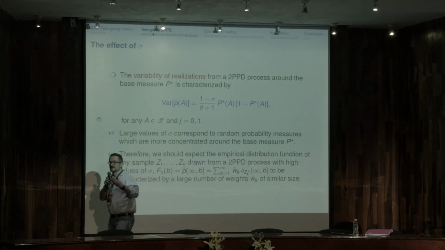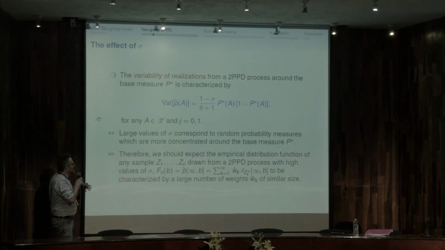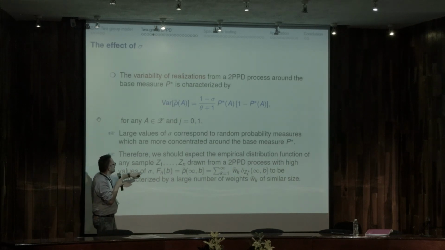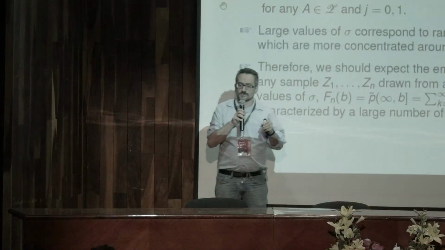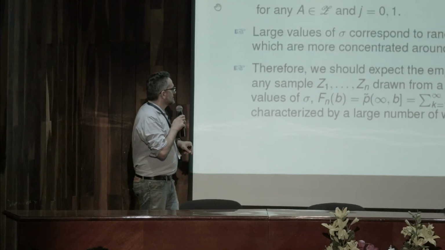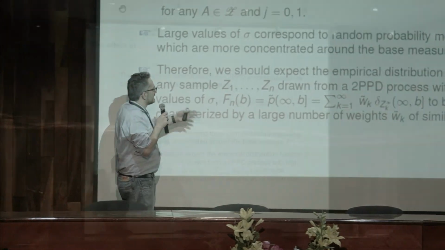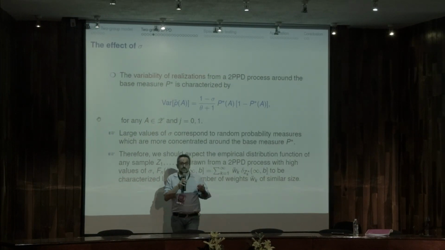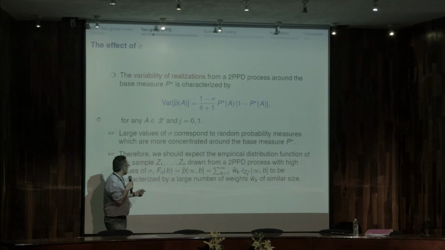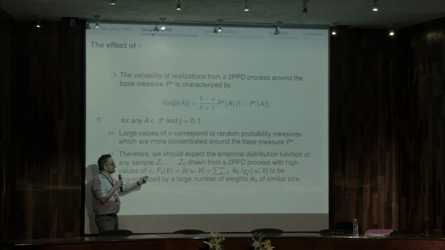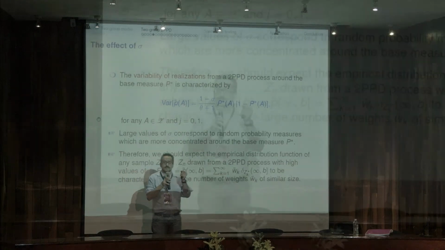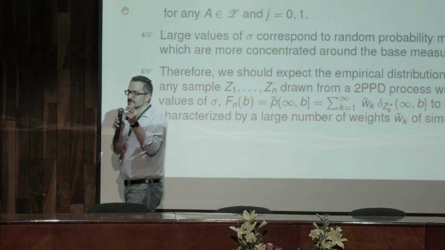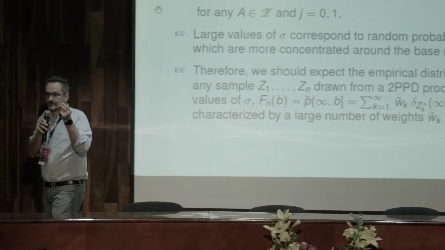This is basically saying, in other words, that any sample drawn from a two-parameter Poisson-Dirichlet process with high sigma is going to be characterized by an empirical distribution with lots of weights of similar size, and the empirical distribution of the samples will be somehow closer to P star, the base measure.